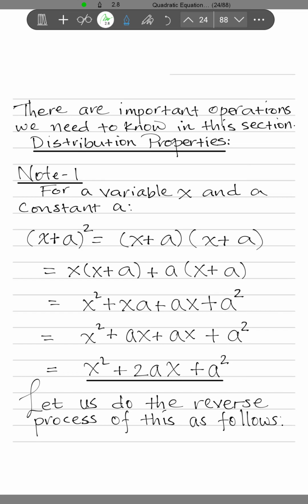One of the properties which we have seen already in the previous lesson is the distribution property.